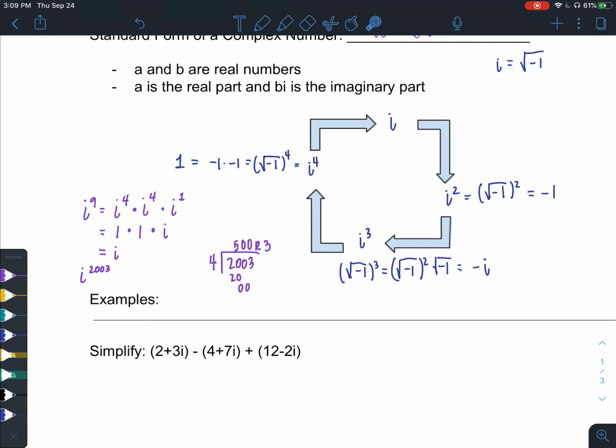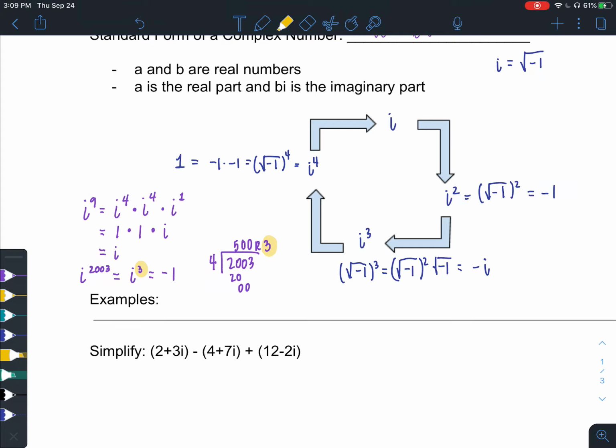So it's going to go around the circle 500 times and then stop here at 3. So this is the same thing as i to the third, or negative i. So that'll save us a lot of time in the long run if we know how to solve that out. So we just divide, and our remainder ends up being our exponent.